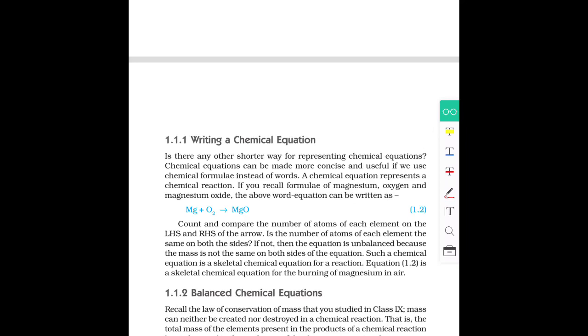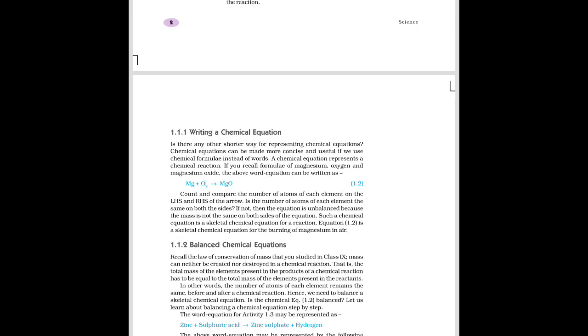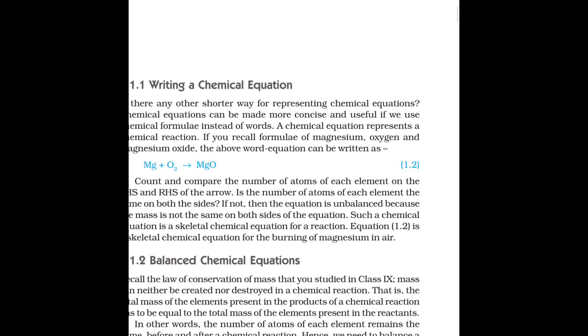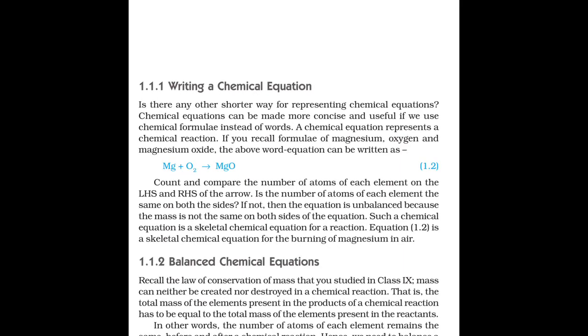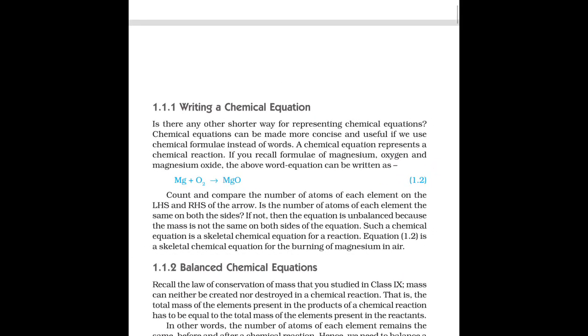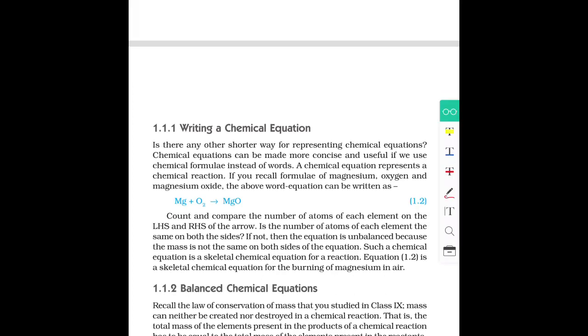Count and compare the number of atoms of each element on the left hand side and right hand side of the arrow. Is the number of atoms of each element the same on both sides? If not, the equation is an unbalanced equation, because the mass is not the same on both sides of the equation.